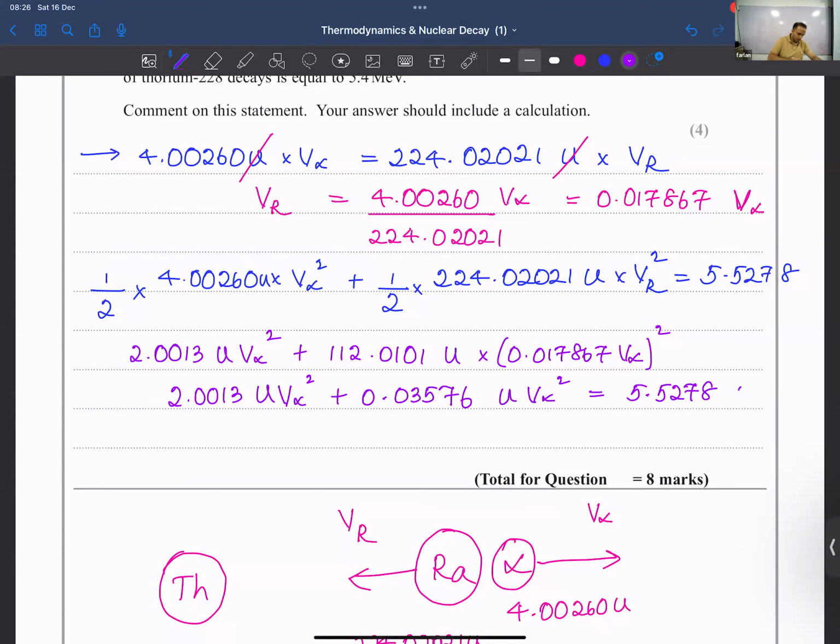So the addition of them will be 2.0013 plus 0.03576, that is 2.03706 UV alpha square, that is 5.5278.